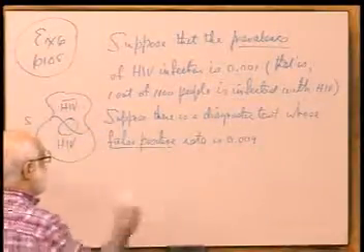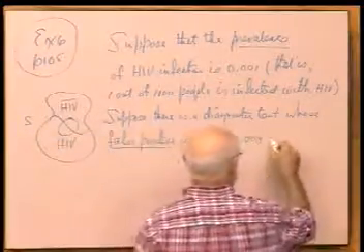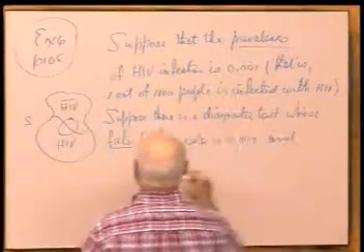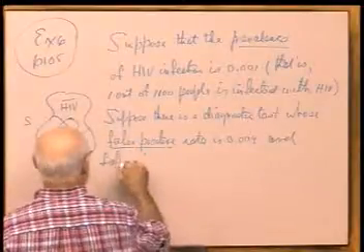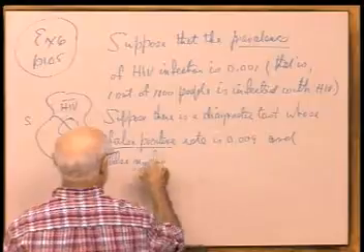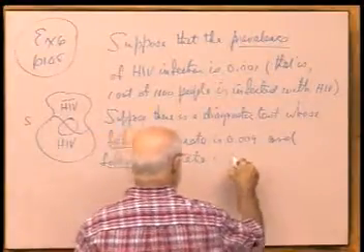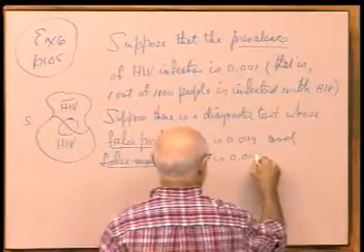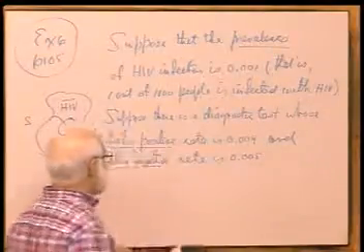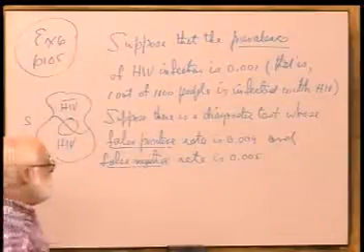Okay, so we have to understand what false positive means, which I'll get to in a moment. And the false negative rate is 0.005. Okay, now I think that these are reasonable numbers for the error rates, and notice that they're different.